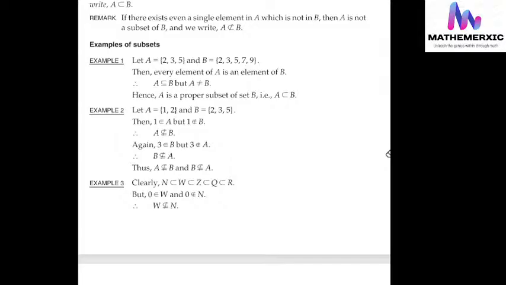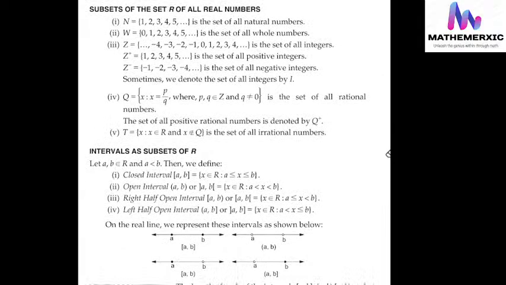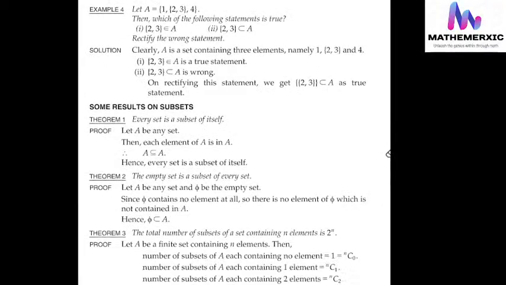In example 1, if you see, A is a subset of B, not equal to B. So A is a proper subset of B, we can say here. But in the case of Example 4, we can say 2 comma 3 belongs to A. It is not a proper subset because again a set notation, we have to keep it here. The element is already having a bracket. We'll have to keep it again one more because set form you have to convert, right? That is the logic. It's a very, very good logic, I would say.